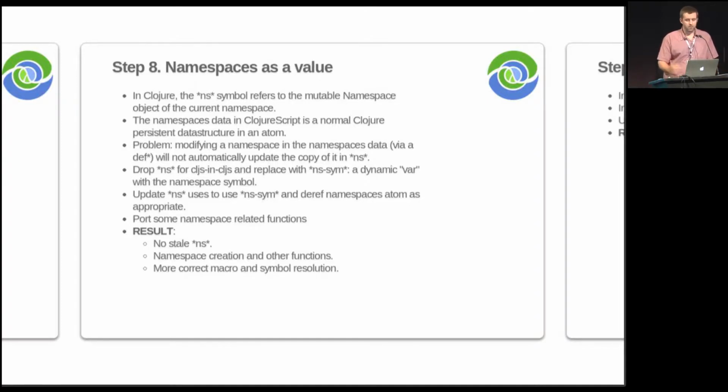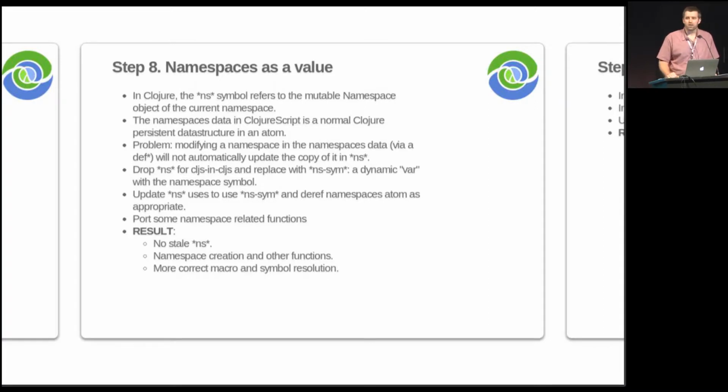And so if we take a copy of the namespace we're in from that thing and we do another def, then in the def special, we would have to do some magic and update something over here with the current state. Or another option, which I went with, is I just dropped *ns* completely from ClojureScript and replaced it with a symbol, *nsym*, which just contains the symbol of the current namespace you're in.